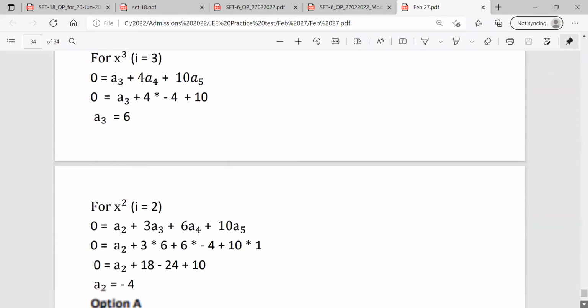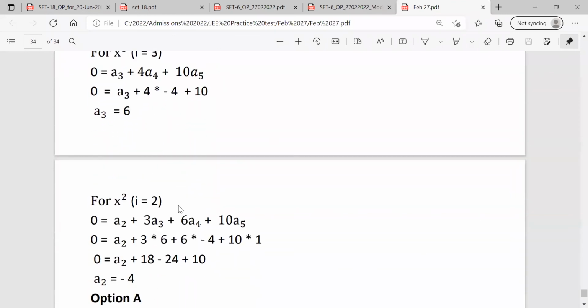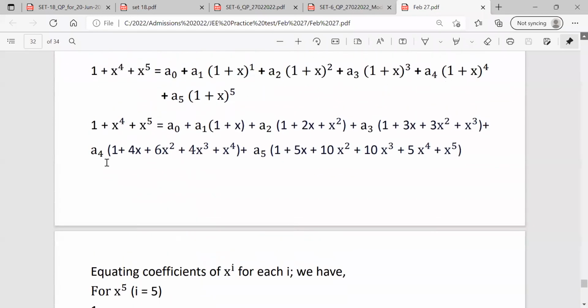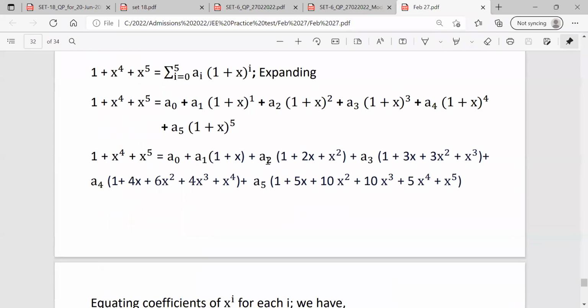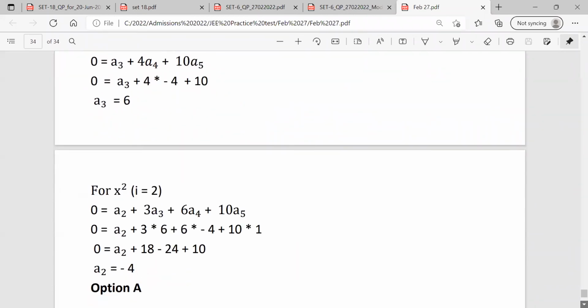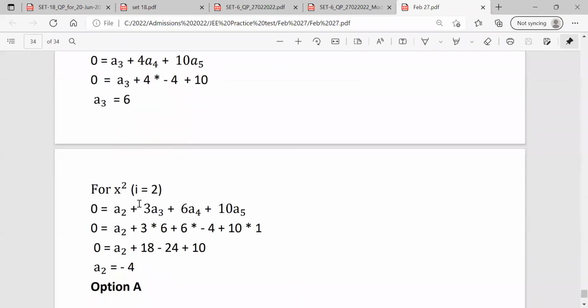Similarly, the next expansion is x square, which means i is equal to 2. So what you have to do is equate the terms. Here it is 0. A2 x square will be there, A3 3x square will be there, A4 6x square will be there, and A5 10x square will be there. So all these terms are equal to 0. You equate it as A2 plus 3A3 plus 6A4 plus 10A5.